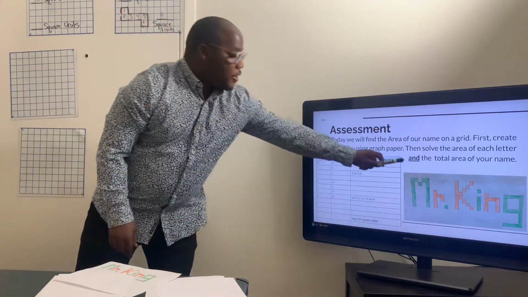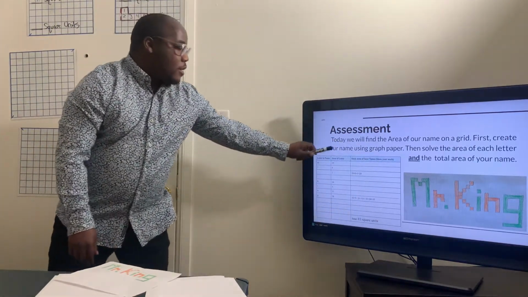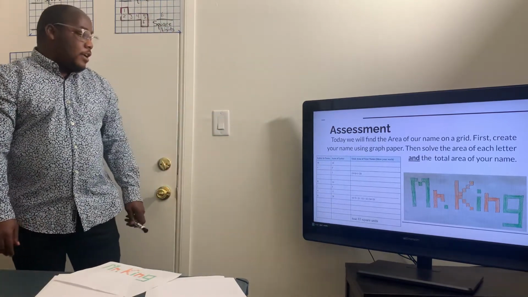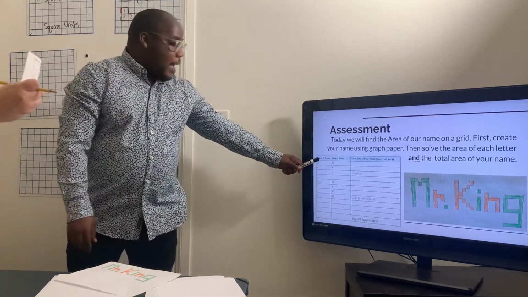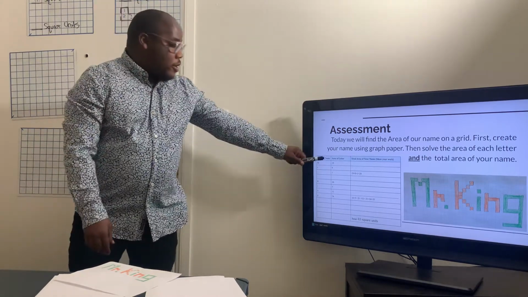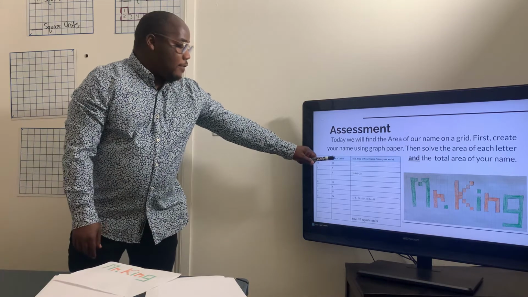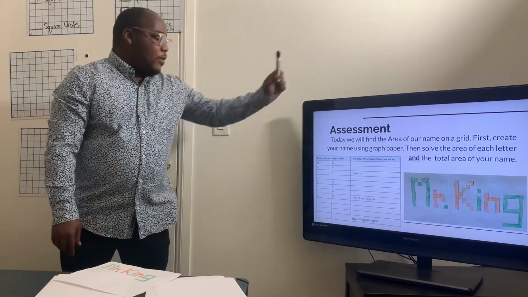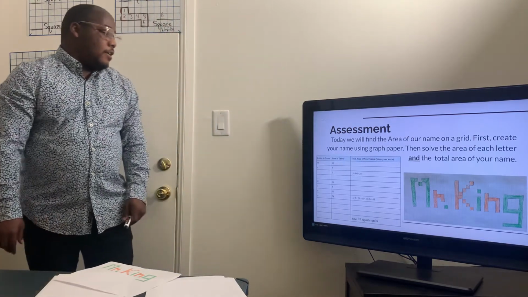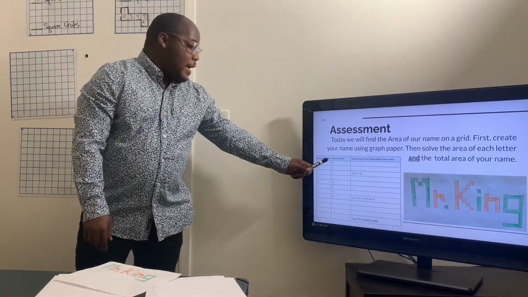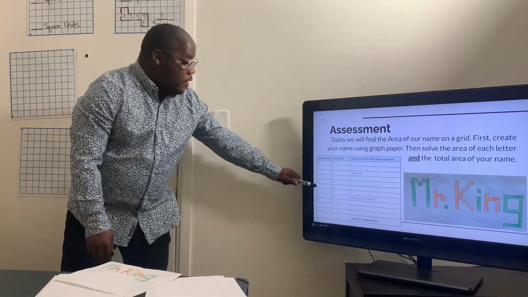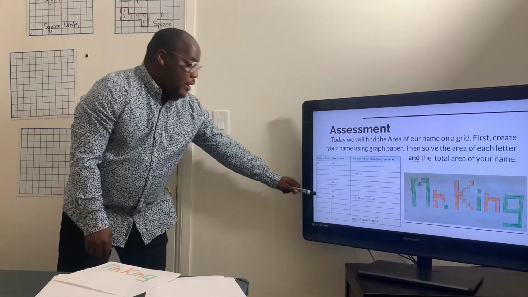So we have this chart right here. You have the chart? Raise your hand. We all should have this chart. Good. So we have here letter and name, that's on your chart. We have area of letter, and we have total of area of your name. The letter and name: all the letters in your first name should go here.